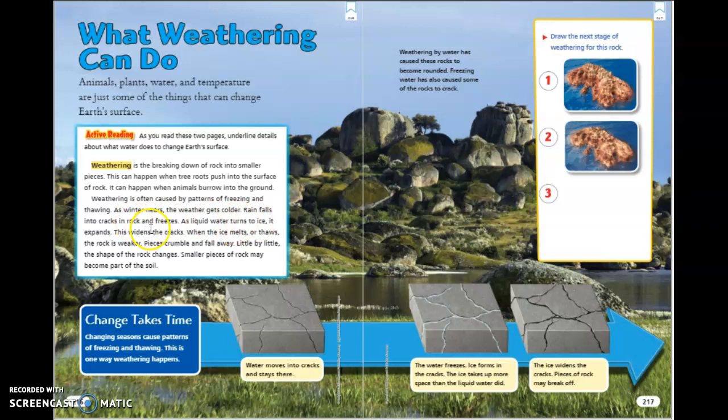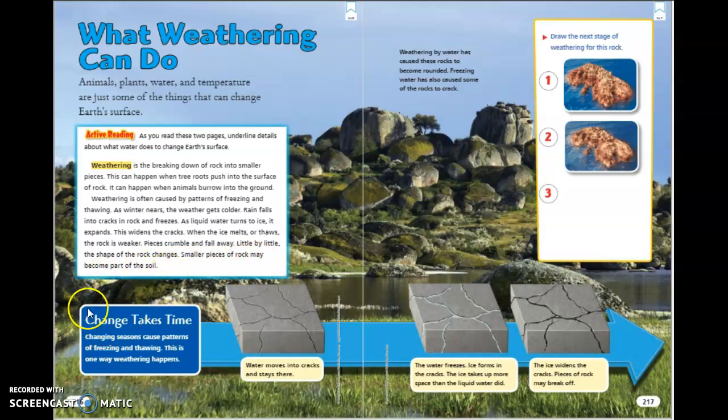Rain falls into cracks in rock and freezes. As liquid water turns to ice, it expands. This widens the cracks. When the ice melts or thaws, the rock is weaker. Pieces crumble and fall away. Little by little, the shape of the rock changes. Smaller pieces of rock may become part of the soil.